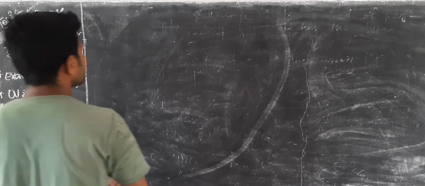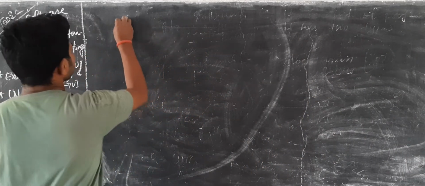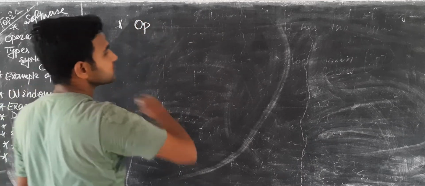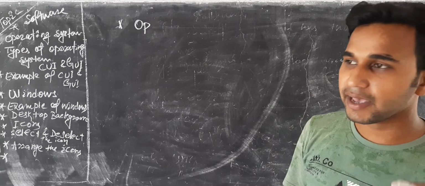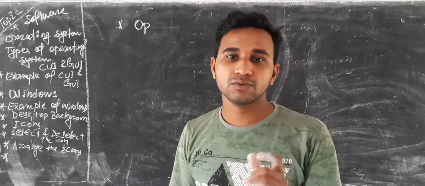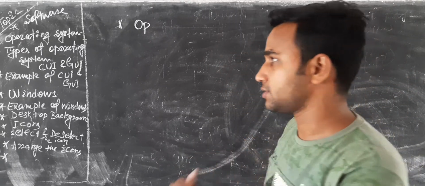Operating system. An operating system is a software that helps the user to operate the computer system.